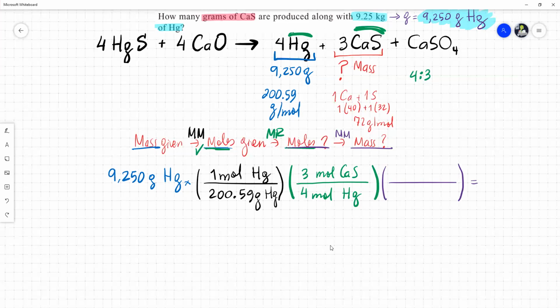No, remember the molar mass is for 1 mole only, okay? So the molar mass is 1 mole of calcium sulfide over the mass, 72 grams, or 72 grams divided by 1 mole. So how are you going to write it? Where are you going to write the moles, up or down? Moles down and the grams up. 1 mole CaS and the grams up.